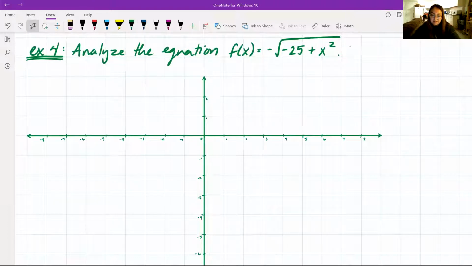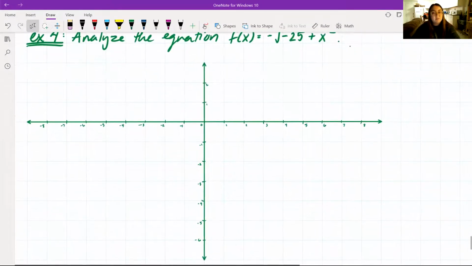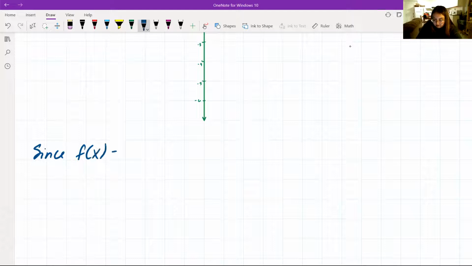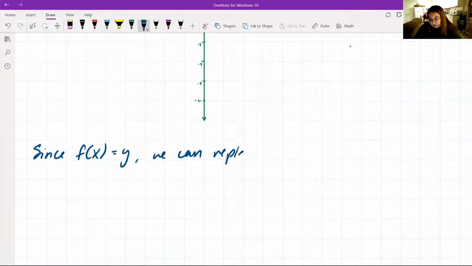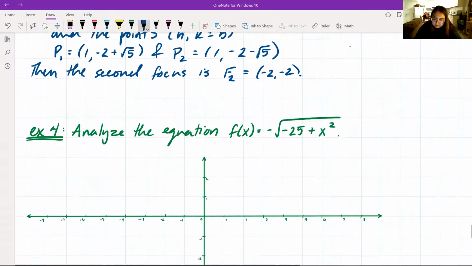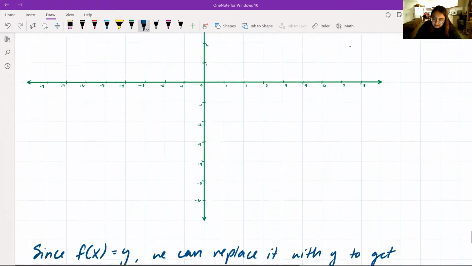So we have f of x instead of y. Well, f of x is just equal to y. So since f of x is equal to y, we can replace it with y to get y is equal to the negative square root of 25 plus x squared.